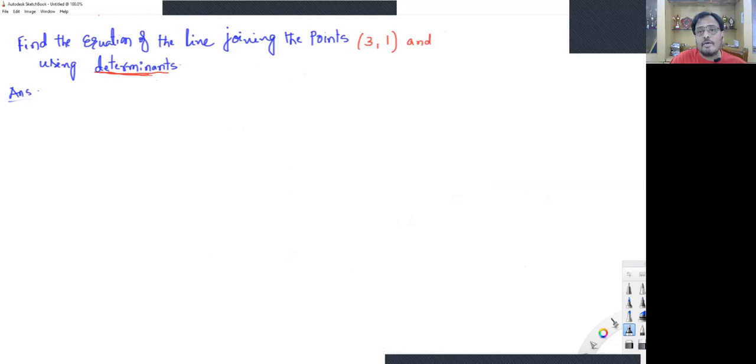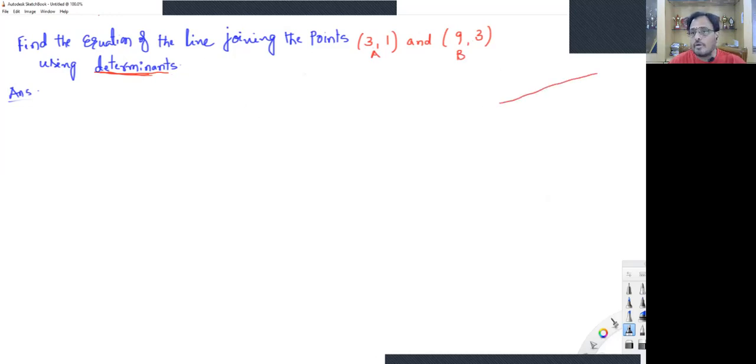In the previous example, if you were not clear, sometimes 2-mark and 3-mark questions will come here. Find the equation of this line. Suppose this is A and B, the line joining the points AB.